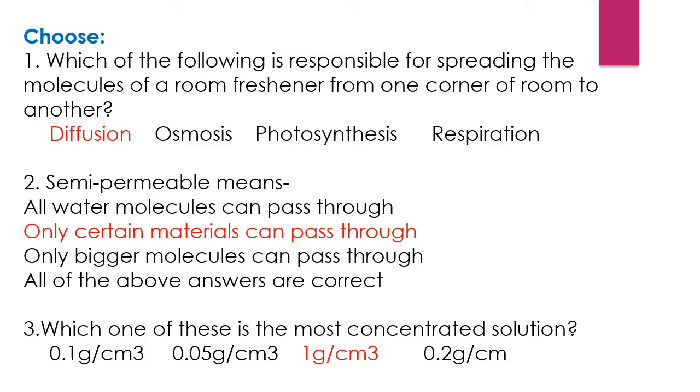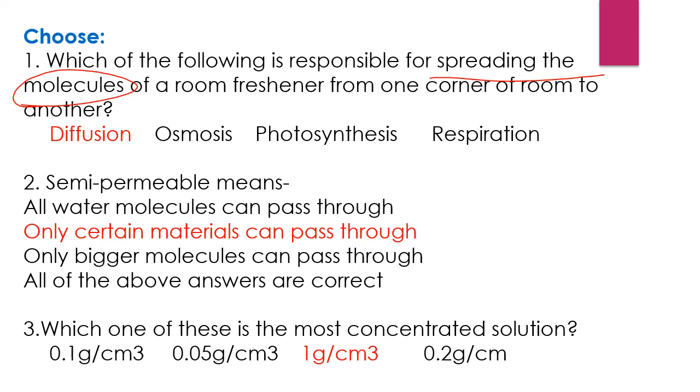Choose which of the following is responsible for spreading the molecules of a room freshener from one corner of the room to another. Of course, it is the spreading of molecules, not water molecules, so directly it will be the diffusion process.